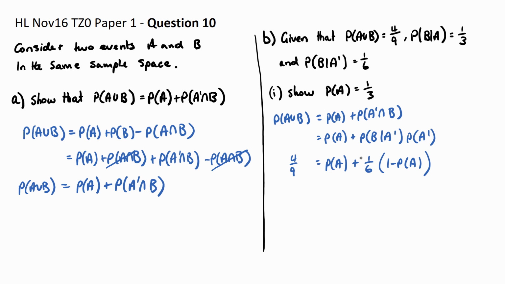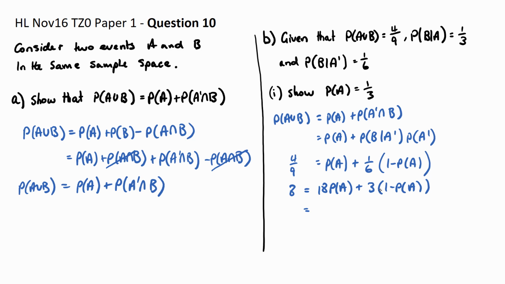Now, we currently have some fractions, so I want to multiply everything so there's no denominators. This is 9, this is 6, so if I multiply everything by 18, I'm going to get 8, because the 18 and 9 will cancel out to be 2 times 4. This will be 18 times the probability of A plus 18 times 1/6 is 3 times 1 minus the probability of A. And then from there, I can expand and group my terms.